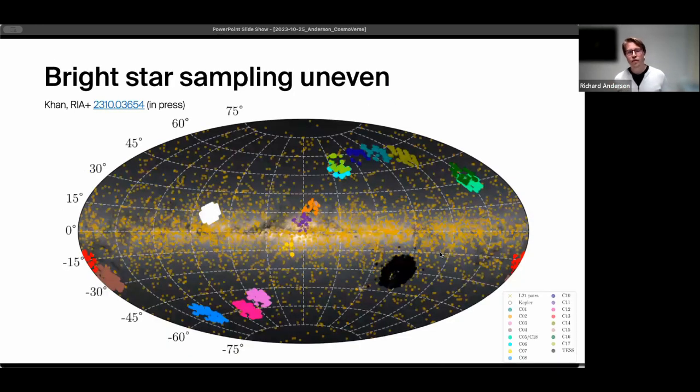So what this means is essentially the yellow points that are shown here on the sky map, those are the physical pairs that inform the parallax offset of the bright sources. And it seems that the sampling of the full sky is not sufficient at these bright magnitudes. But at the fainter magnitudes, that is actually the case because the fainter magnitudes have been mapped in more detail.